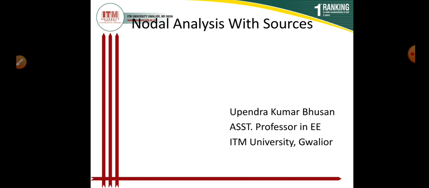Here also, like loop analysis or mesh analysis, by applying Kirchhoff's current law in the nodal analysis method, we are trying to write the minimum number of equations by which we can determine the unknown quantities.